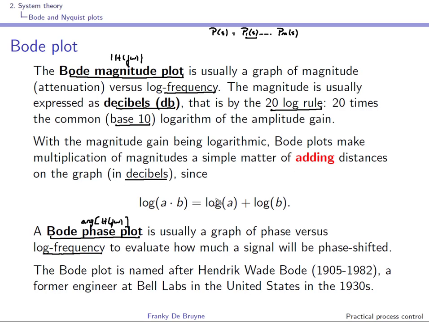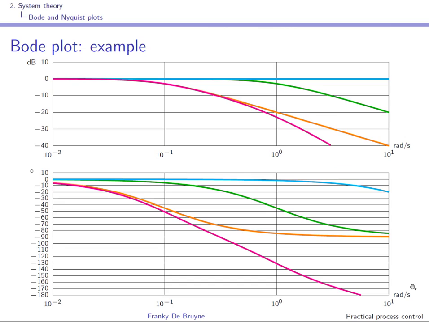This is because of this relation that is valid for the logarithm, and also for the logarithm in base 10, of course. This should not come as a surprise. This is a review of what you have seen in the course Fundamentals of Control Theory.